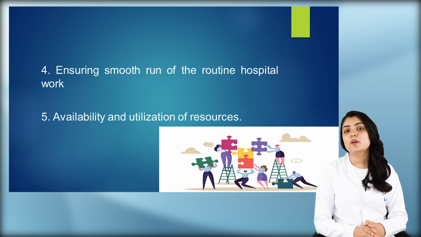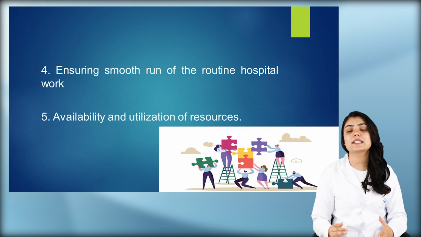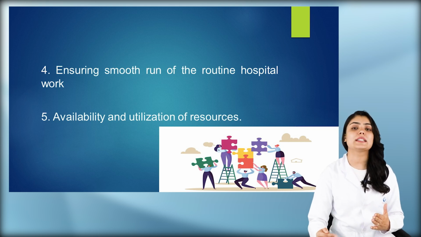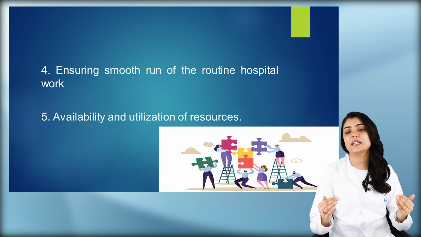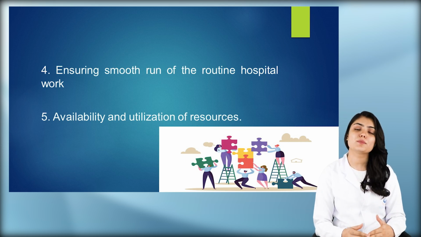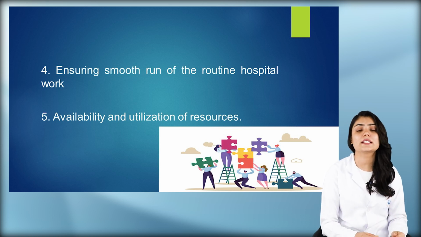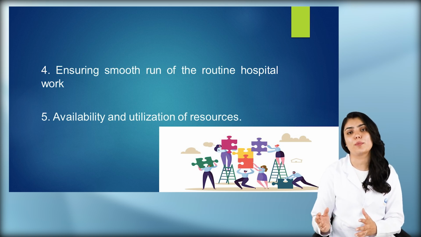The fourth principle of disaster plan is to ensure that the routine hospital activities are not disturbed during the time of disaster, and all those routine activities are carried out properly. And finally, the last principle of disaster plan is to make sure that the resources are available and also utilized in a proper way.